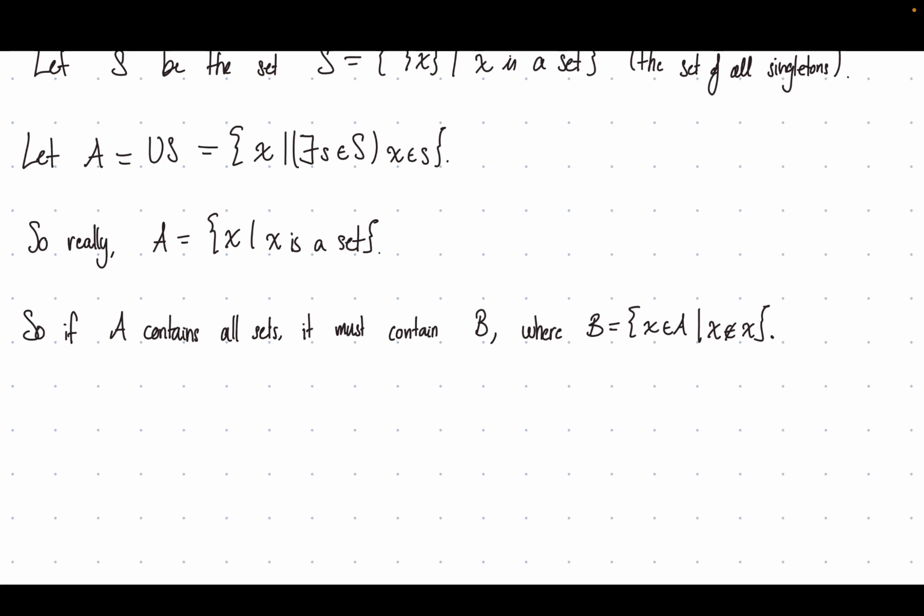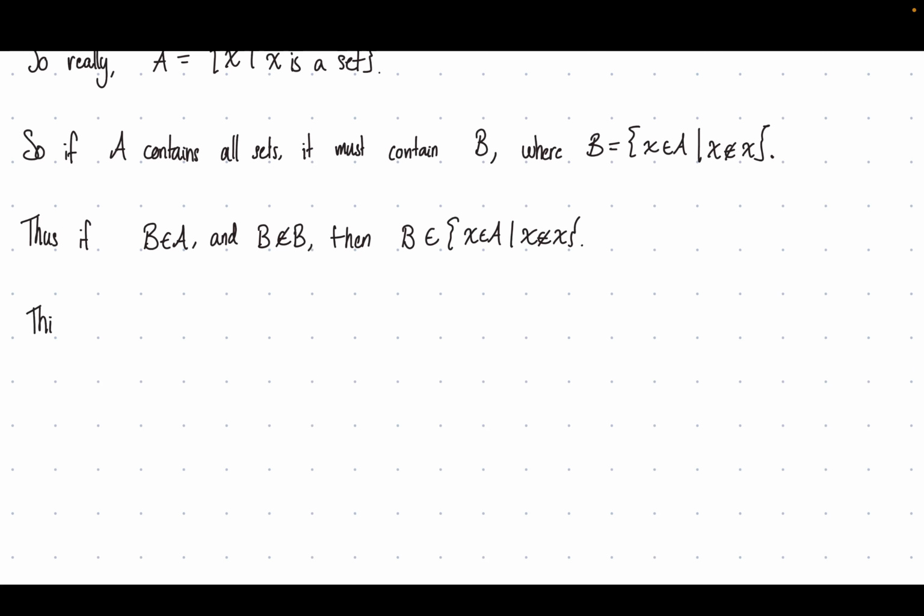What this means is that if B is in A, as it should be, because A contains every set possible, and B is not in B, then B is in the set of X in A such that X is not in X. And this means that B is in A and B is not in B implies that B is in B. And again, if you look at it backwards, if B is in B, then it must satisfy this condition as well, right?